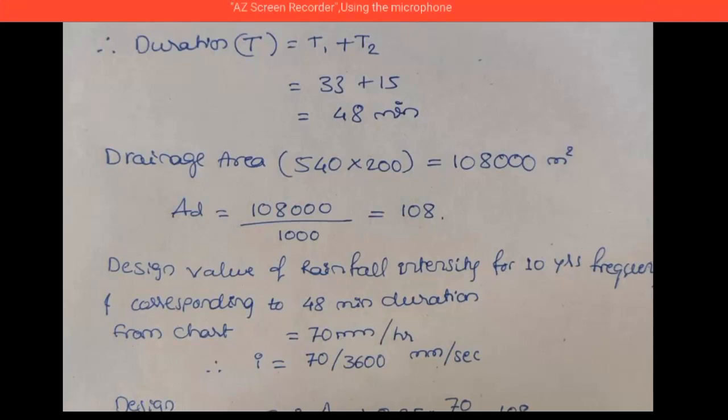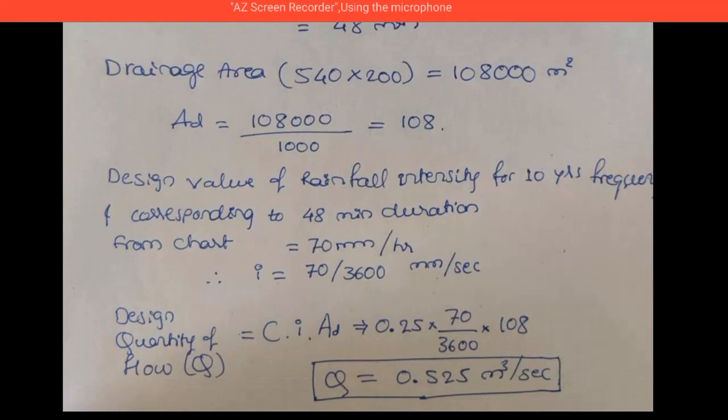Now we can calculate AD. So AD, for every 1000 meter square, is nothing but 108. Just put the values and get the Q. Before that we need to calculate the I.